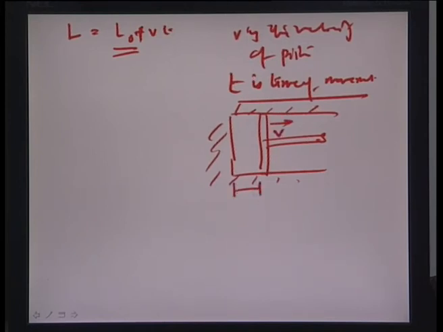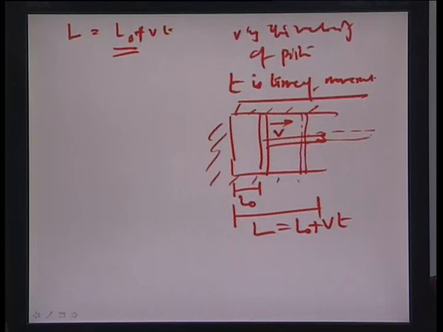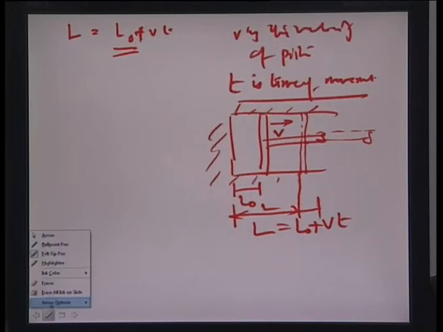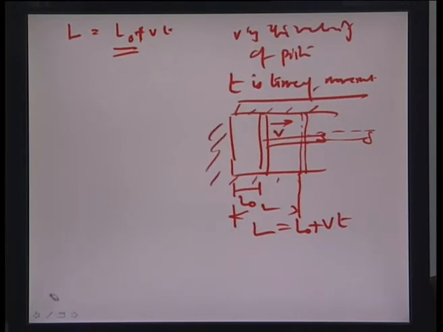This value is maybe L0, and we want to consider any length L which is equal to L0 plus v times t. After time t it would be here, and this is the new length L. That is how we define the whole length of traverse of the piston inside this cylinder.